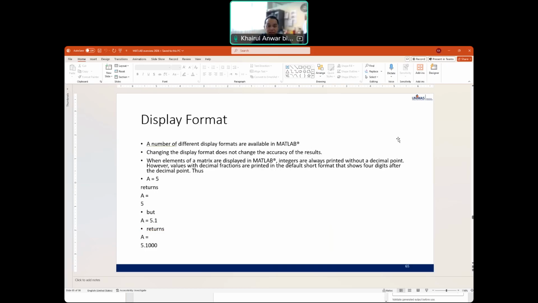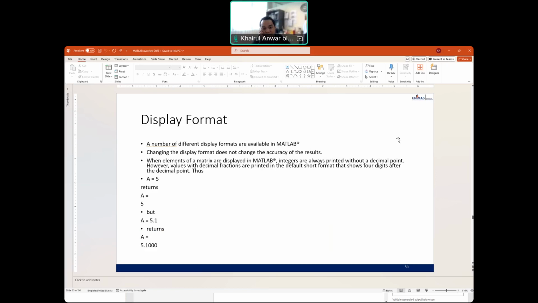So display format. A number of different display formats are available in MATLAB. Changing the display format does not change the accuracy of the result. When elements of a matrix are displayed in MATLAB, integers are always printed without a decimal point.